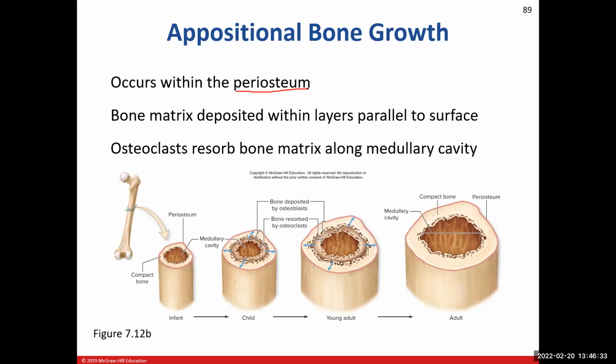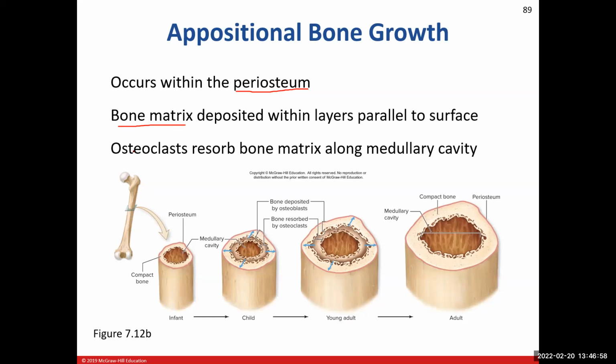What we're going to see here is the osteoblasts laying down that bone matrix. It does it like a tree growing out every year, but our bones don't do it on a calendar year. We'll talk about the factors that influence this. Our osteoblasts lay down the bone matrix, and it starts to make the bones wider.